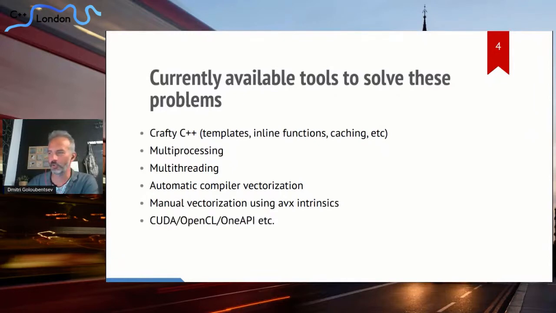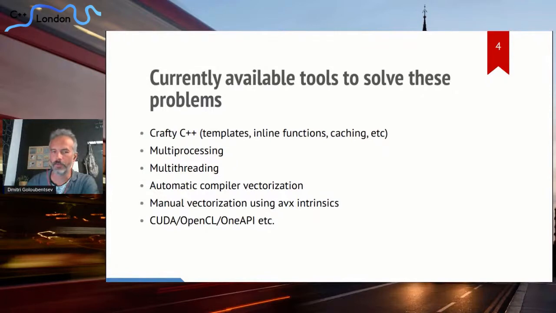Now, another popular choice is to do CUDA, OpenCL, oneAPI, etc. All these technologies have been around for quite some time. oneAPI is reasonably new. The problem with them I see is that it really relies on crafty programming. So you need to know what you can put in, and generally you cannot use all the possible features in C++.